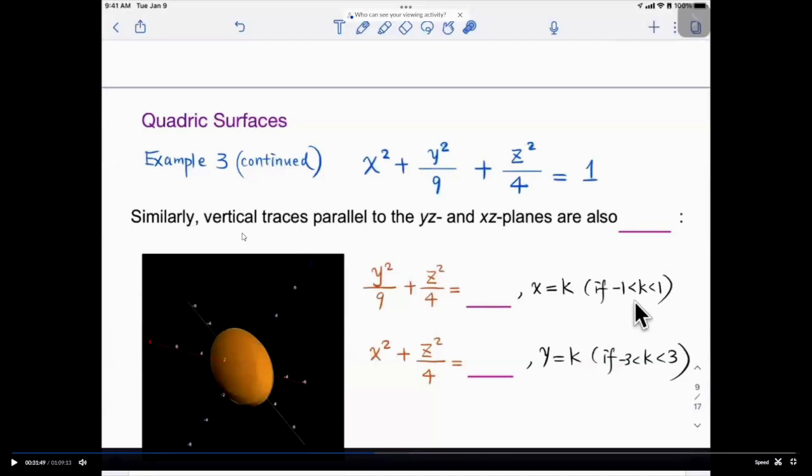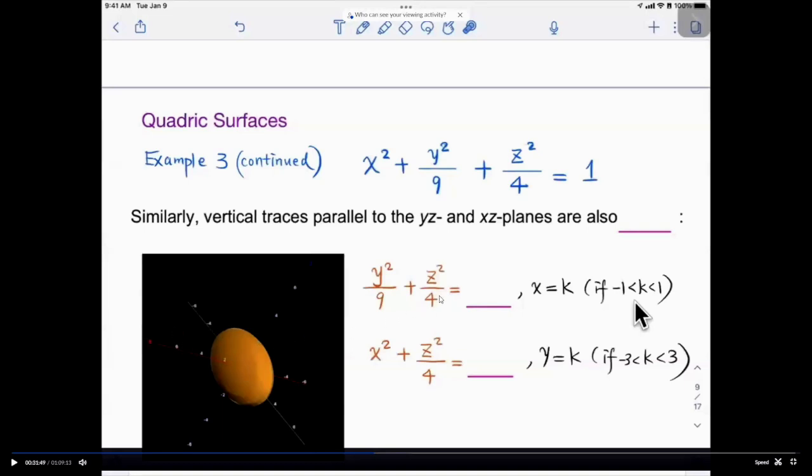Similarly, if you take a plane parallel to the yz plane, you're going to let x be a different number. So here's the x-axis. You get x to be different numbers. And I want to see what kind of trace we get.